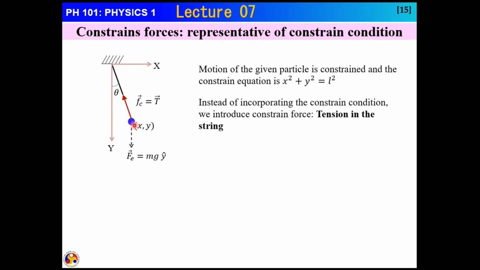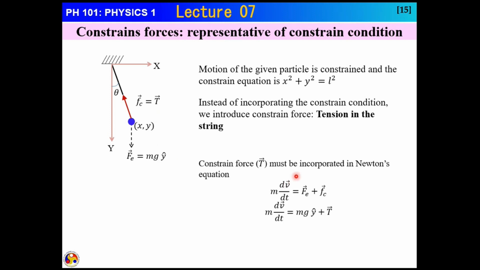So gravity is pulling this side, but we have to make sure that there is an extra force, which is called the constraint force, called tension in the string, balancing in the opposite direction to avoid the increase in the length or any kind of acceleration in this direction. Okay, that's what you have done.